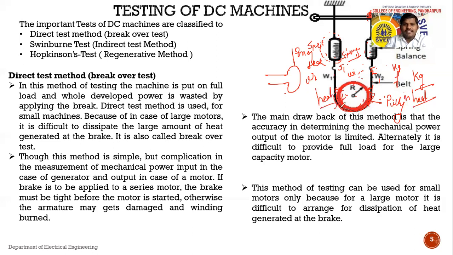Due to that heat dissipation, it is used for a small motor, because in case of a large machine, it is very difficult to dissipate the large amount of heat generated by this friction of the belt and pulley arrangement.